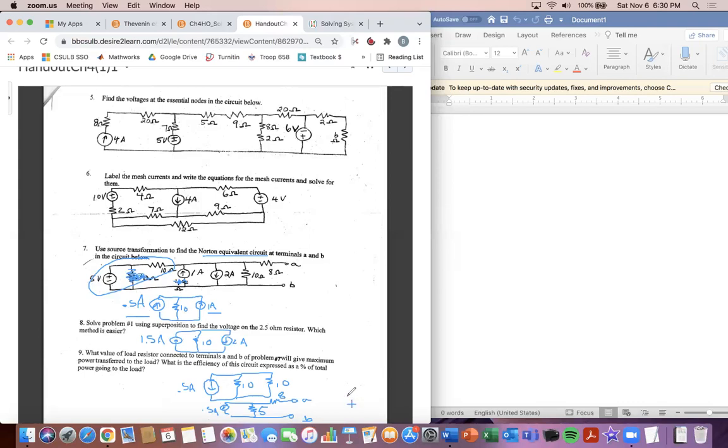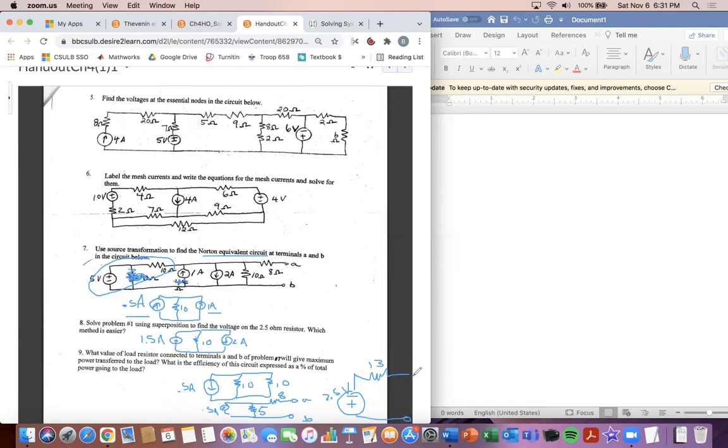Down here, because the current source is going down, that's why we have the positive on the bottom. And then we have that 5 ohm resistor now in series, and then we have that 8 ohm in series. So that's just going to combine to be 13 ohms.